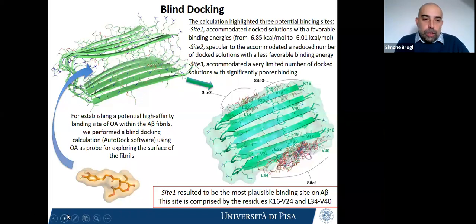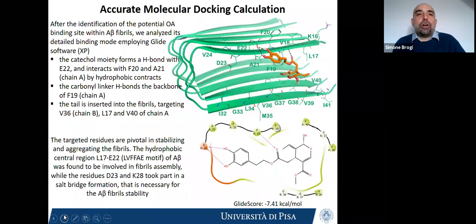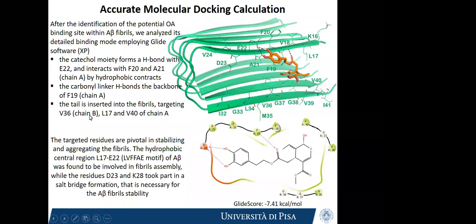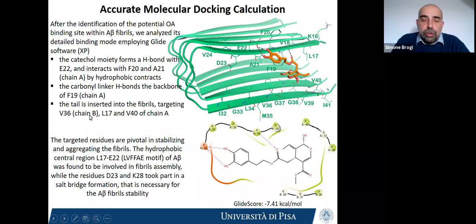So, after the identification of the potential high affinity binding site of oleuropein aglycone within the fibrils, we performed a more accurate docking calculation in order to reproduce a reliable starting structure. For this step, we used Glide software using extra precision as scoring function.